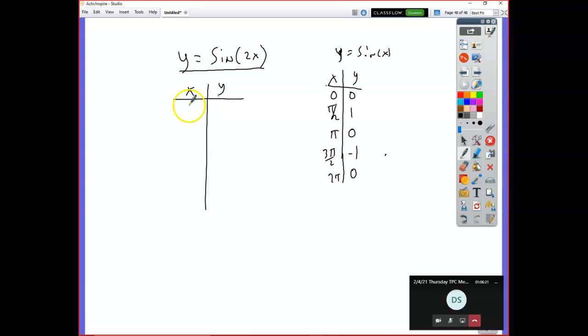Okay, so Ms. Tippins, when I plug in a 0 in this equation, what happens? It multiplies x by 2. Right, so you're going to 2 times 0, which is 0. And so we're still going to get 0, right? Sine of 0 we know. What happens when I put in a pi over 2?